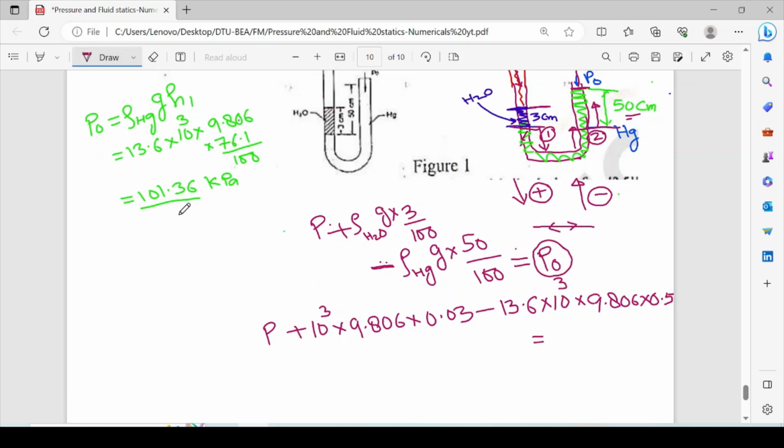We already found this atmospheric pressure value, 101.36 kilopascal.